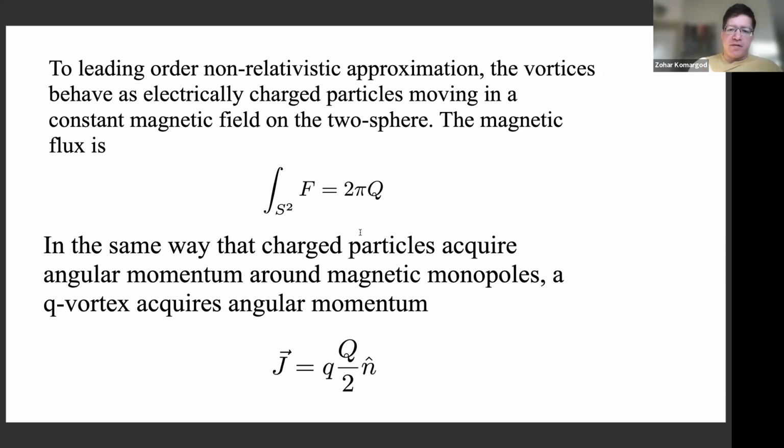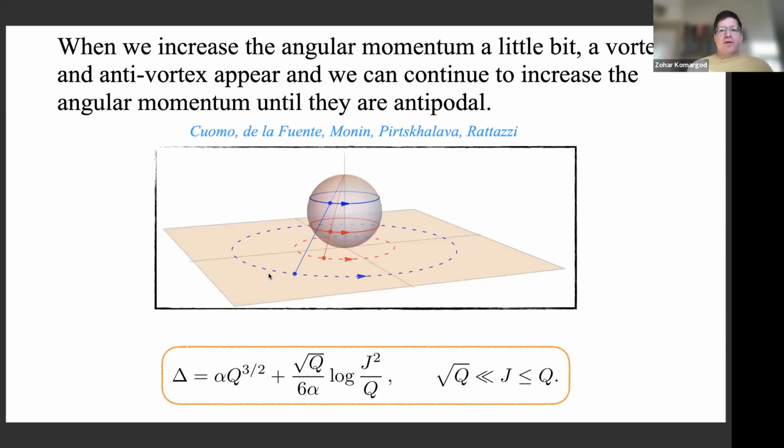If you have a lot of magnetic field, then a particle like a vortex could acquire a very large spin. So this is the spin of a vortex. It just points to the location of the vortex, and it has qQ/2 units of spin, where little q is the vorticity number. So first, when you start spinning the sphere, a vortex anti-vortex pair appears. They would be placed at some random locations on the sphere, and as you keep increasing the spin, they drift to the north and south pole because that's the way to maximize the spin.